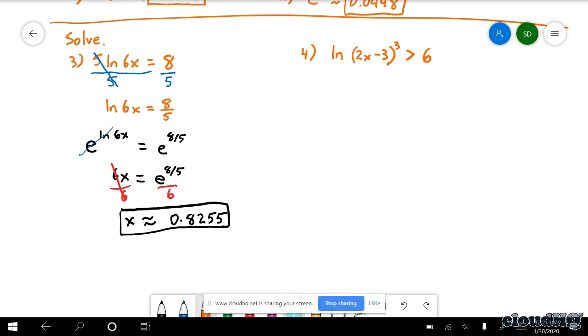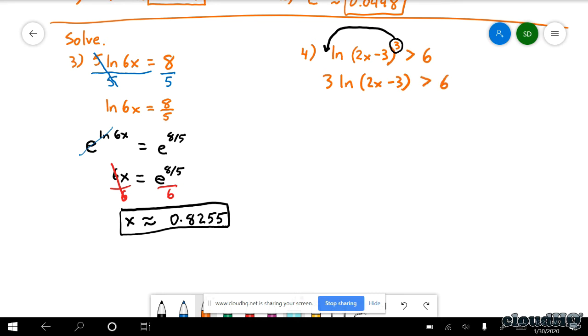We have an exponent inside of a log. If we have an exponent inside of a log, can't we take that exponent, move it in front as a coefficient? So when we do that, we have 3 times the natural log of 2x minus 3. And that's greater than 6.